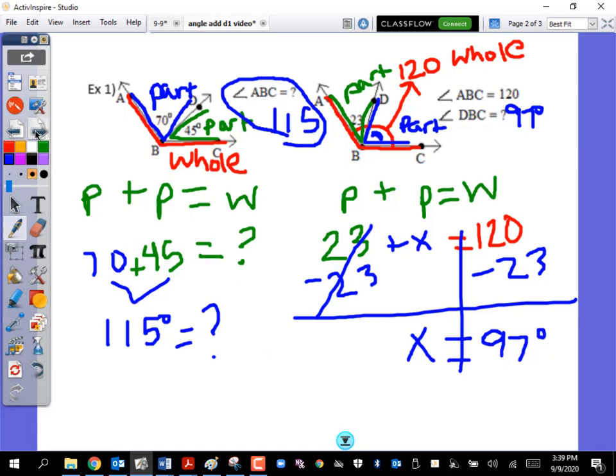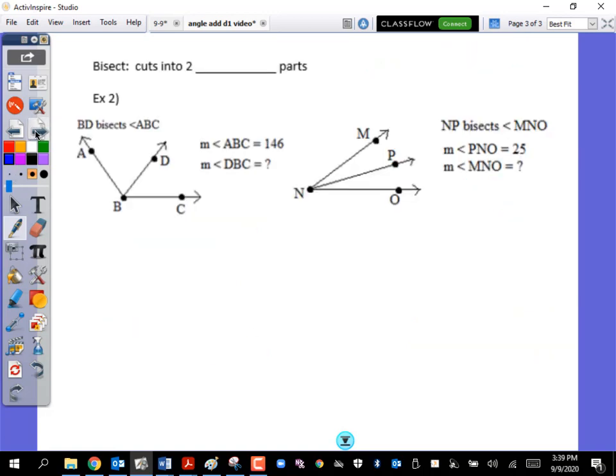Okay? The last little bit is about the word bisect. Bisect is just a fancy way to say that it cuts something into two equal parts. So when it says BD bisects angle ABC, it means it cuts it in half.